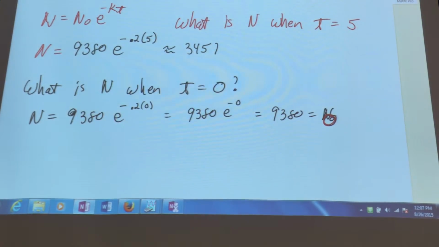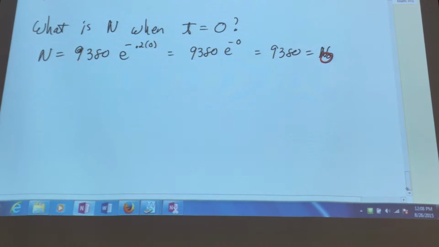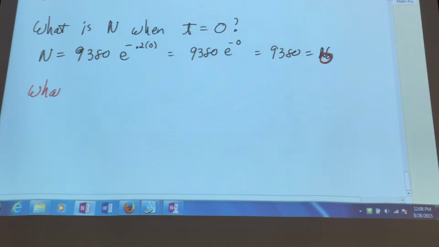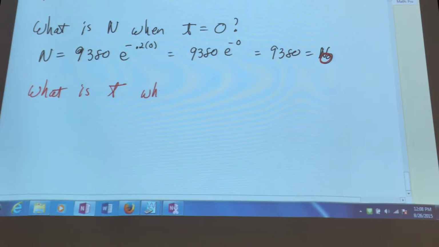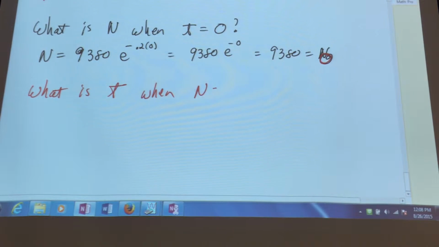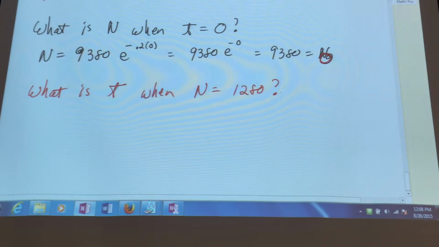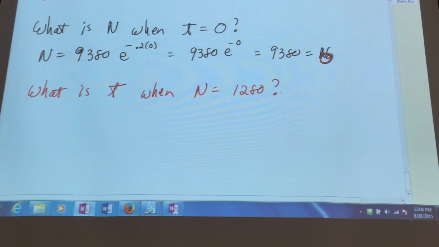The initial value. All right, time for something a tad more challenging. We've got to go the other way with this equation. I'm going to ask you, what is t when n has a certain value?